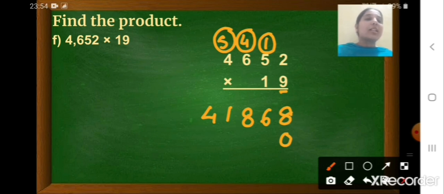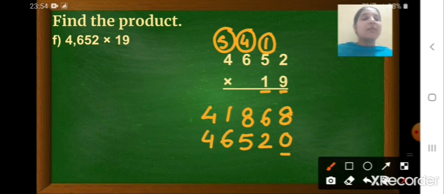Why 0? Because now we are going to multiply the digit which is at the tens place here. Or we are going to multiply 4,652 by 1 tenths. That's why we have written 0 here. Now 2 1s are 2, 5 1s are 5, 6 1s are 6 and 4 1s are 4.